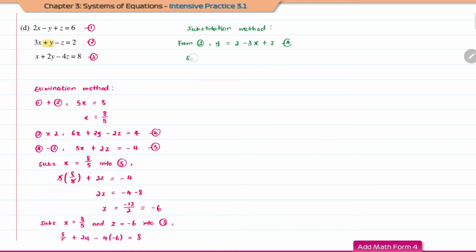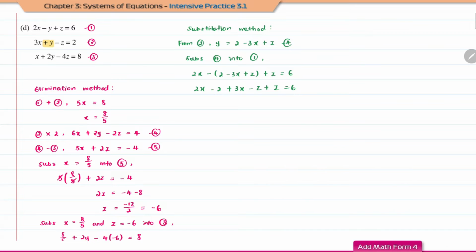So first, sub equations 4 into 1. So you have to have 2x minus the y. So now get this value out of the bracket. You're going to have negative 2 plus 3x minus z plus z.